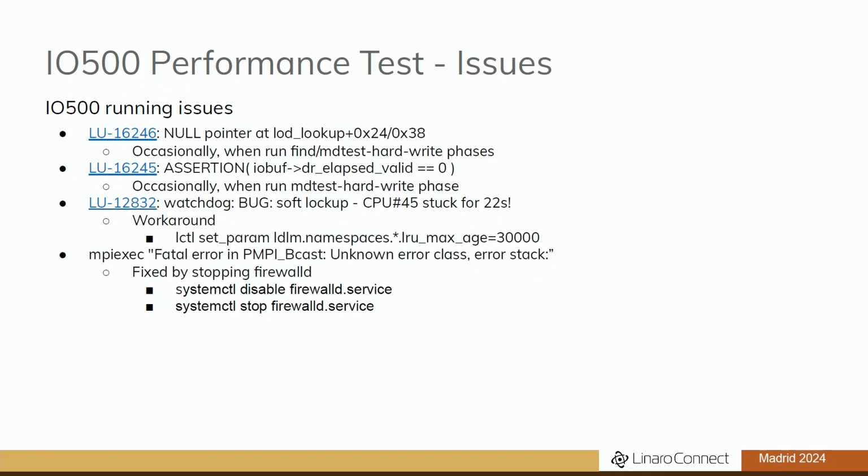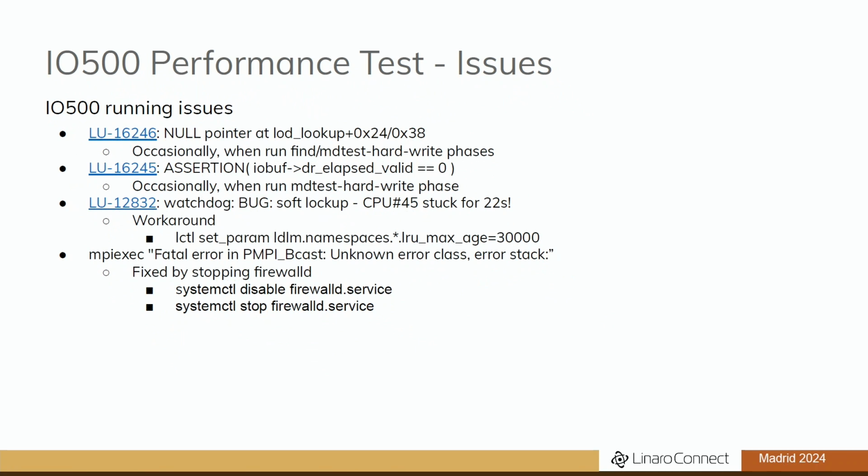These are the issues we found when running the IO500 test. The first two are crashes. They happen occasionally, and on the server end, we are running the anti-test hardware phase. Maybe running one day they will happen once.